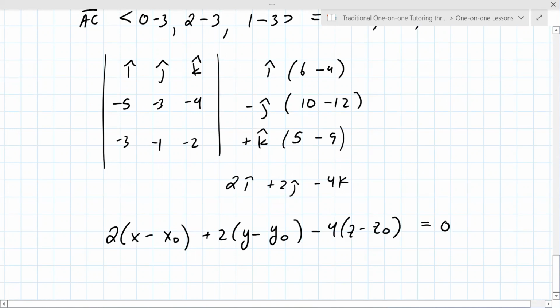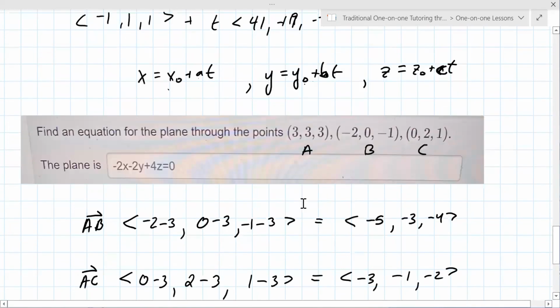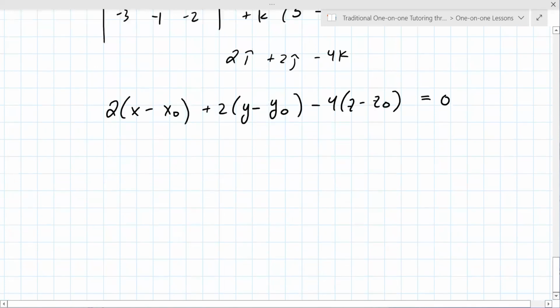And then you use a point, and it doesn't matter which point you use, because they all simplify to the same thing. We'll just use the first one because they're all threes. In terms of your final answer, this is correct.